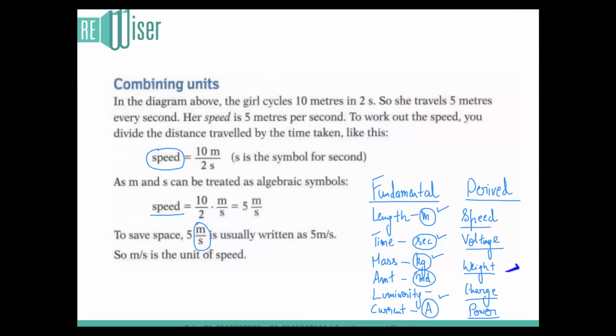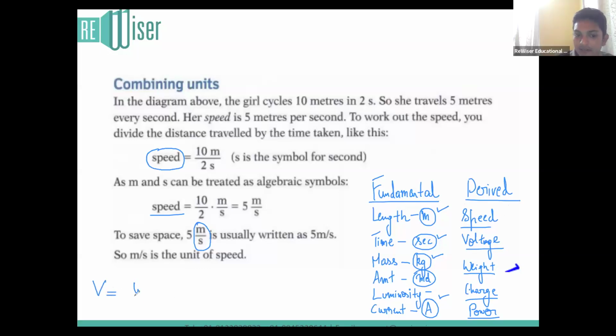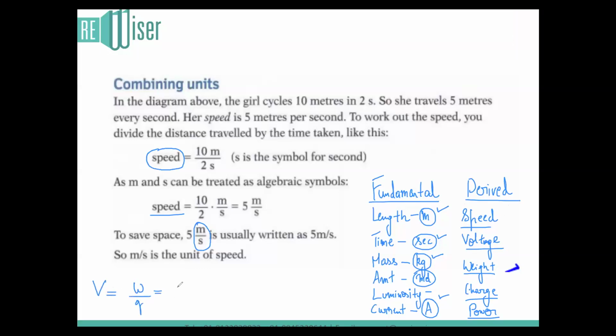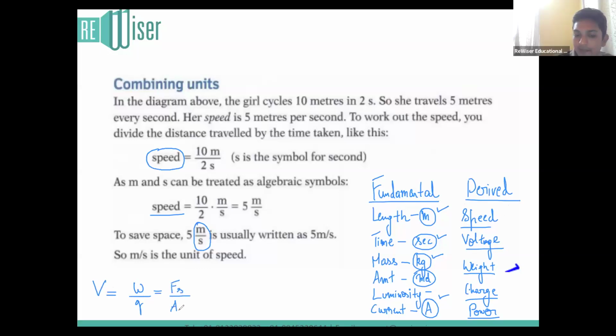Yes. To refresh, you said voltage is work done per unit charge, which is force into displacement by current into time, which is mass into acceleration into displacement by current into time. I think I'm making a mistake here. I'm writing the units.